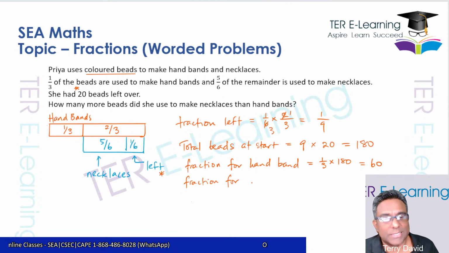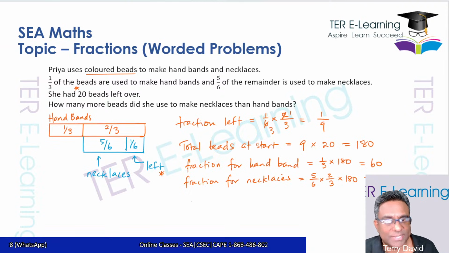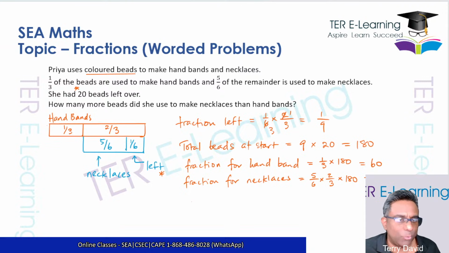The fraction for the necklaces will be 5/6 multiplied by 2/3. That's the fraction, right? And we're going to multiply that by the 180, okay? Because 5/6 multiplied by 2/3 will give me the fraction of the whole used for the necklaces. But if you want to work out the actual number, we have to multiply by 180.